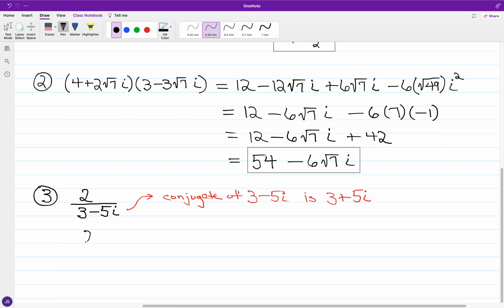So looking at what we have now, you've got 2 over 3 minus 5i, and once again, multiplying this ratio by the conjugate of the denominator over itself, so 3 plus 5i over 3 plus 5i.